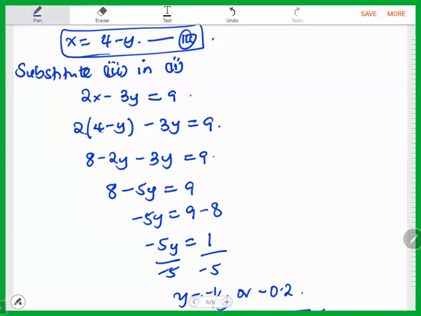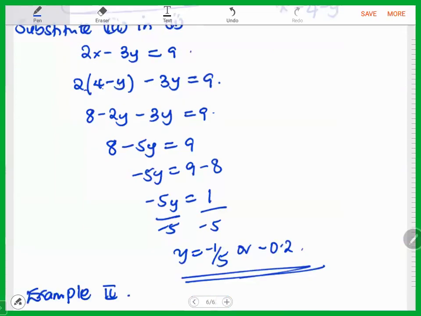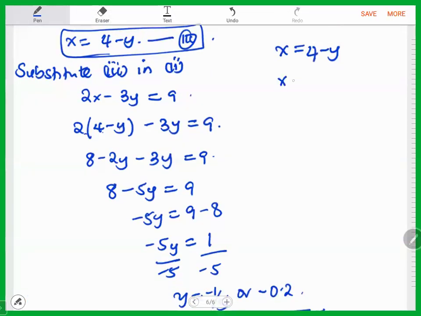Thank you. So you have x is equal to 4 minus y, and we already know our y. So it means your x is equal to 4 minus 0.2. 4 minus 0.2.